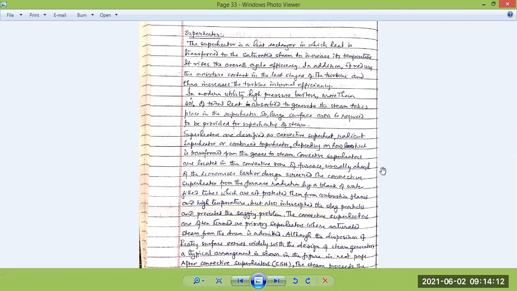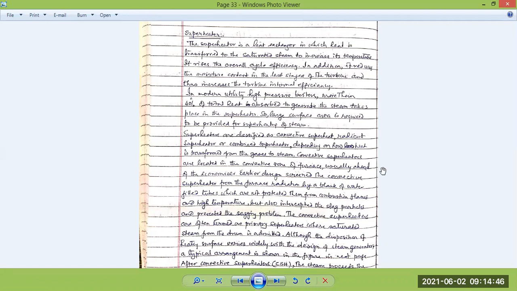Now, depending on how heat is transferred from the gases to the steam, convective superheaters are located in the convective area of the furnace, usually ahead of the economizer itself. So a superheater may be of different types, or a number of superheaters may be used, placed in different portions of the furnace.